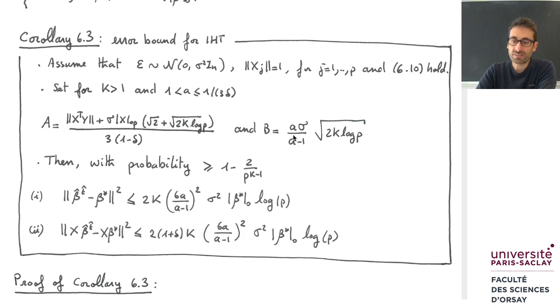For capital B, we will choose something which is very similar to the choice that we have made for the lasso estimator. So we'll choose a constant sigma times the square root of 2k times log p, right?